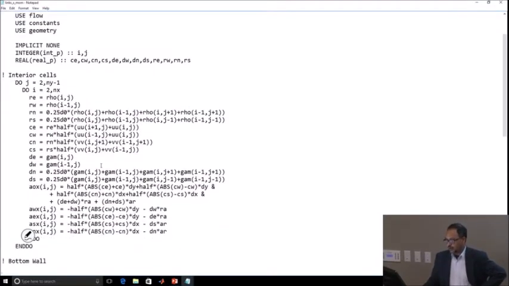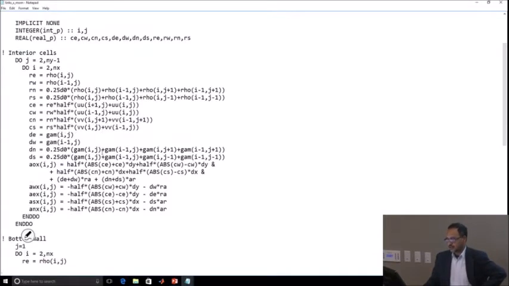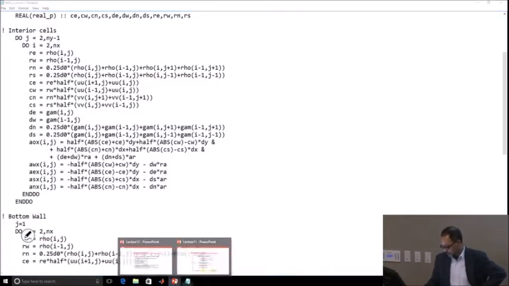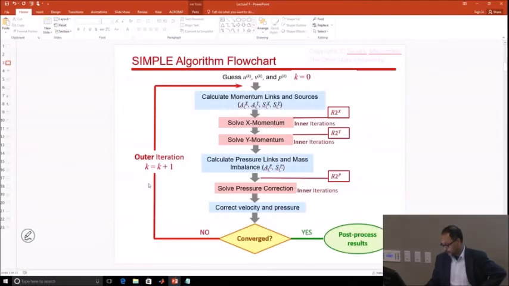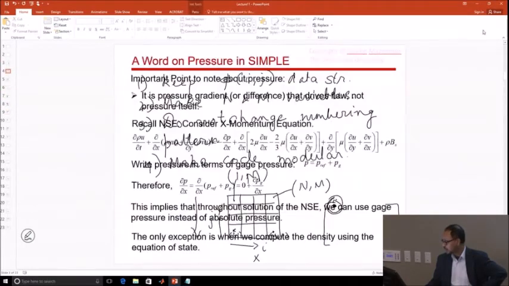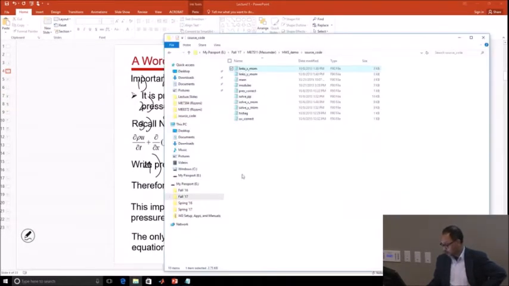This is pretty straightforward. All it is doing is calculating your link coefficients based on, I don't think we have it here in this lecture. Let's go back to lecture 9.